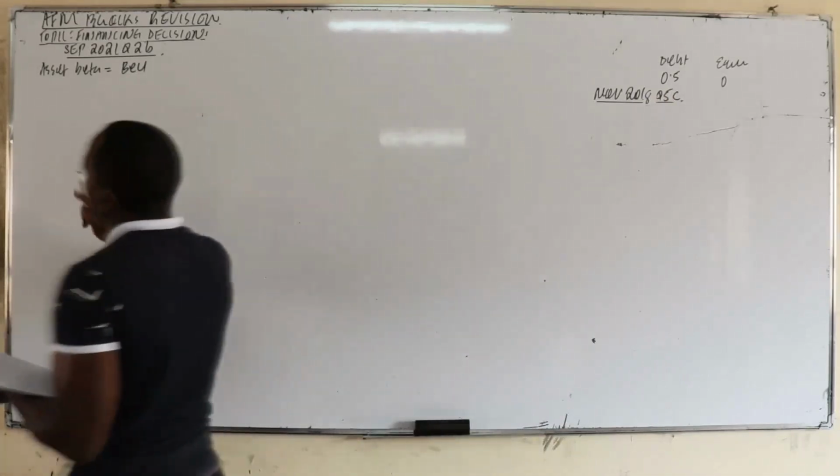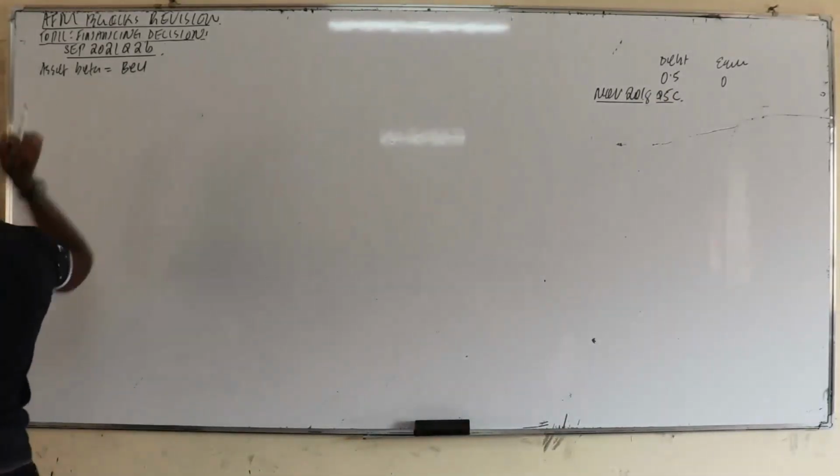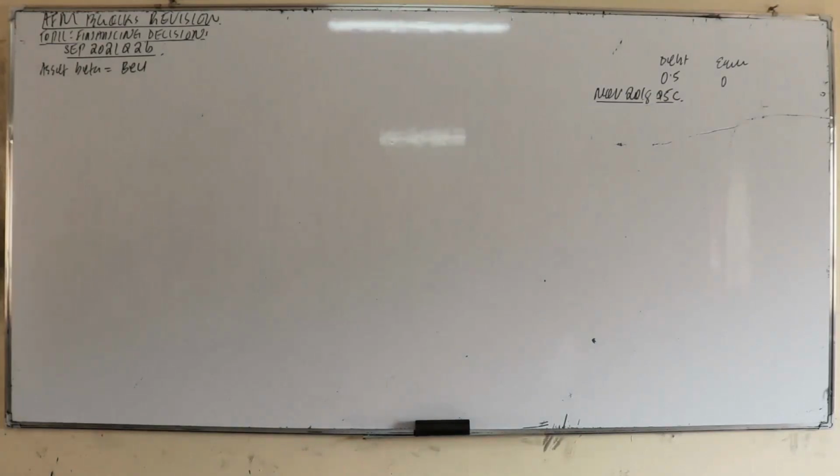And note that we have said that the asset beta is equivalent to the beta of an ungeared firm. So in that question, November 2018, question 5C, we are told that Embakasi Investment Limited, blah, blah, you're given that.